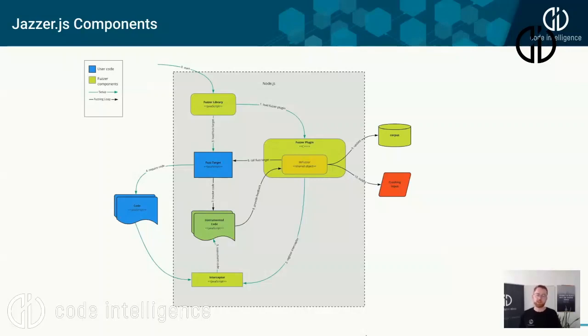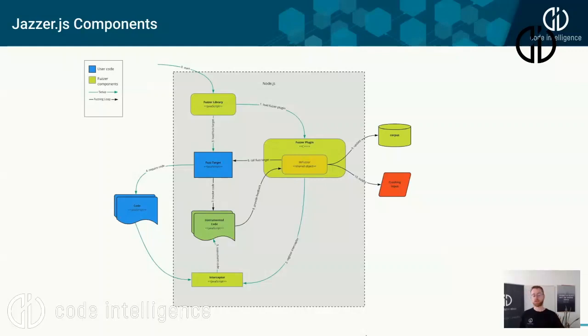The fuzzer needs an entry point to start fuzzing. That is generally called a fuzz target. In this case, it's more or less a test function you know from other testing libraries that gets the fuzzer input as a parameter and can use that data to generate everything it needs to call the actual code under test.